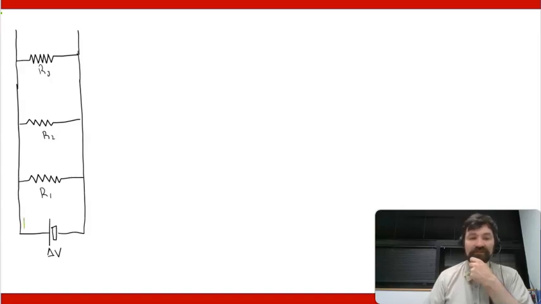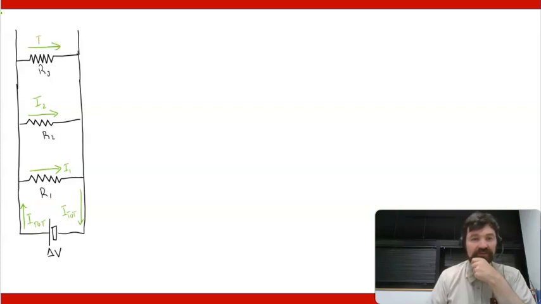And so in some sense what I have is a total current that is leaving or returning to the battery, which I'm going to draw here, and I'll label this as I total. And then through each individual resistor, I have some current. We could call it I1. I have a current I2 here, and I have a current I3 through here. Okay.